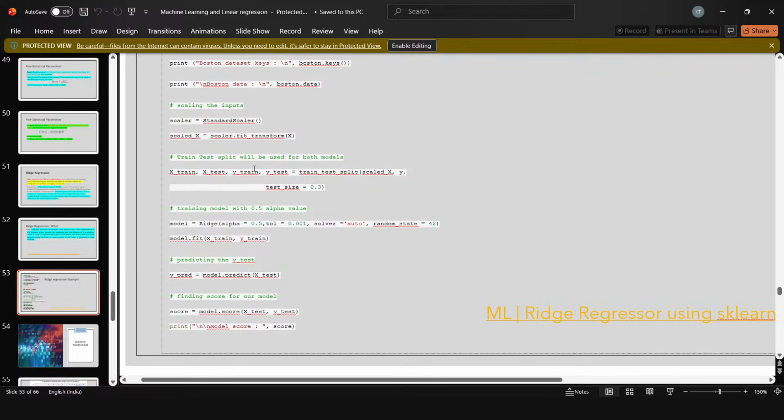And then this is the test train split. So train_test_split is the function's name, and scaled x and y are the inputs, along with test_size equals 0.3. Test size equals 0.3 means 30% of the total data will be taken as the test part, and the training part will be the remaining 70%.